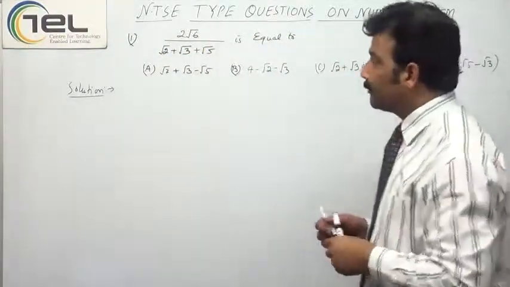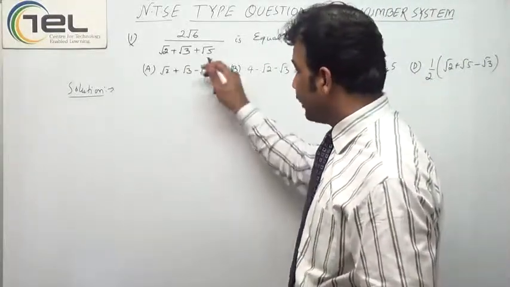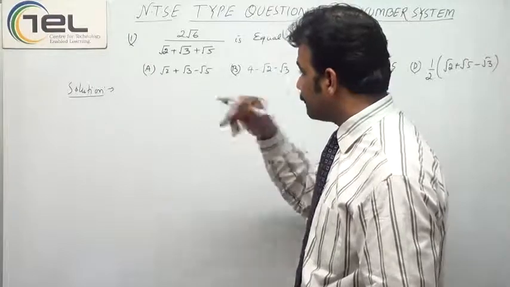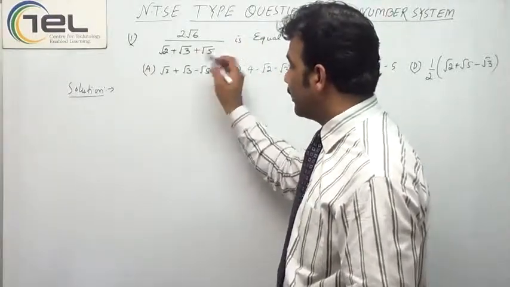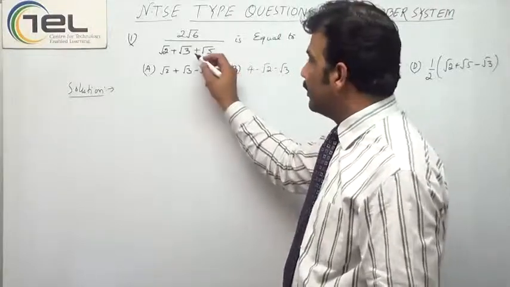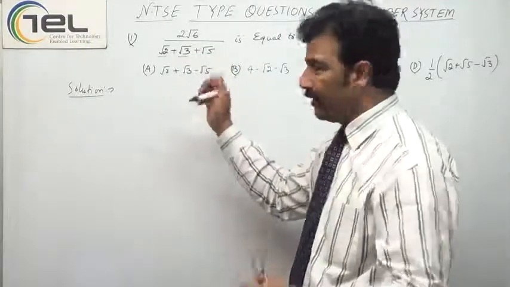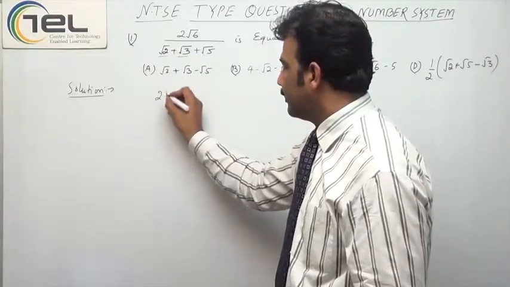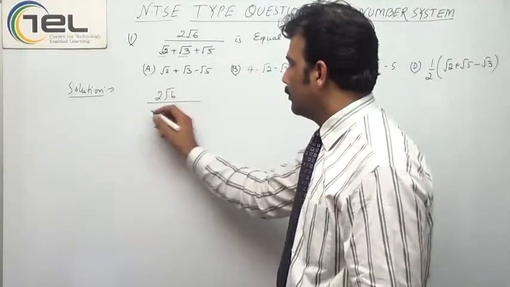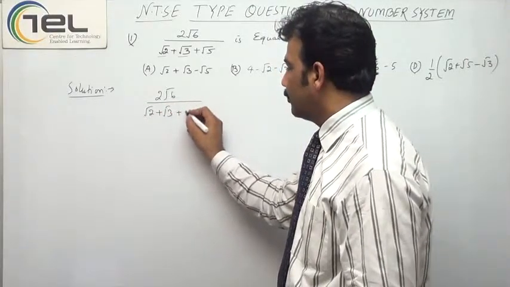It is root 2 plus root 3 and root 5. We take any of them. Let's say 2 plus 3 is 5 and this is 5. So it is better I take these 2 as a single bracket, over root 2 plus root 3 plus root 5.